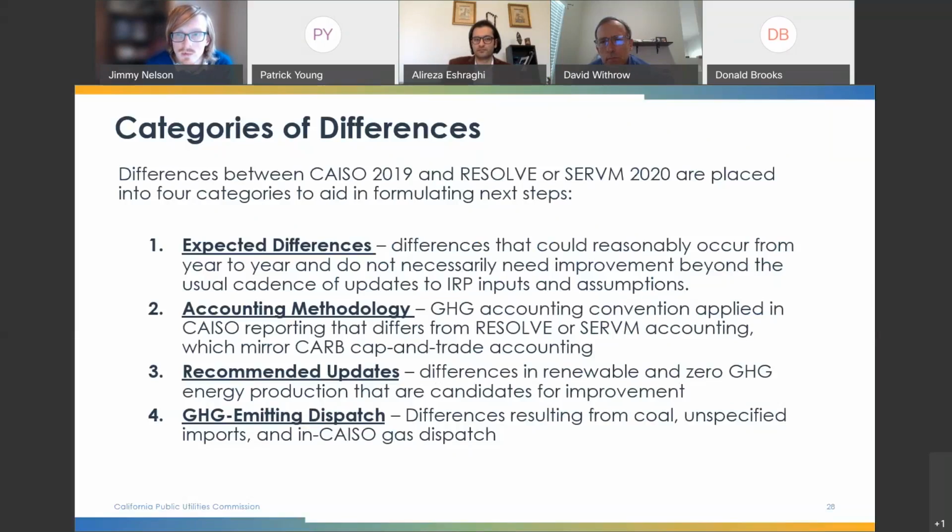The second category is that we identified 2 ways in which the CAISO and modeled SERVM and Resolve numbers are not apples to apples in the way that the greenhouse gases are counted. So we'll highlight those. The third category is, in some ways, the point of the comparison: things that we found that we think should be updated. And the fourth one is any remaining differences that can be attributed to greenhouse gas emitting resources, which are the slack resources that pick up any differences.